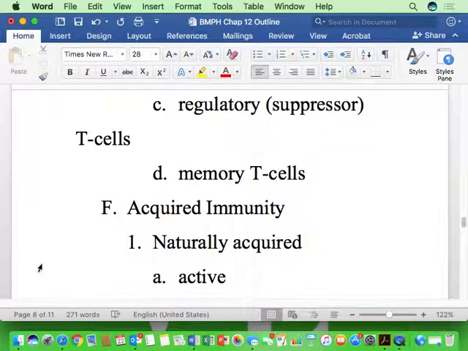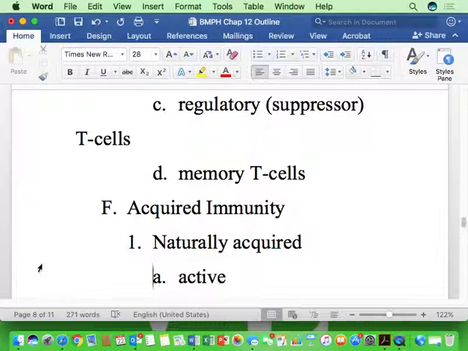So naturally acquired active is when we are invaded by a bacteria or virus and we see the symptoms of it.